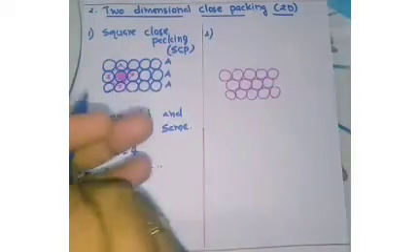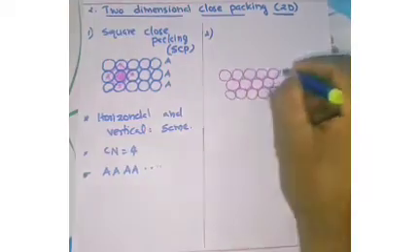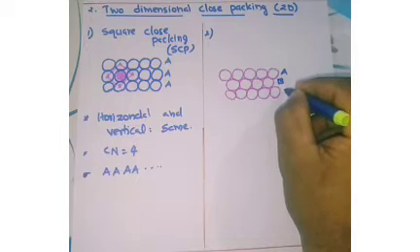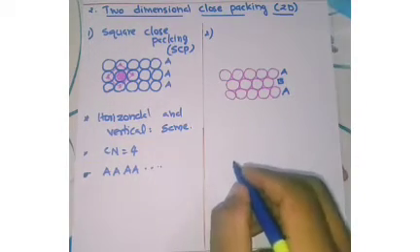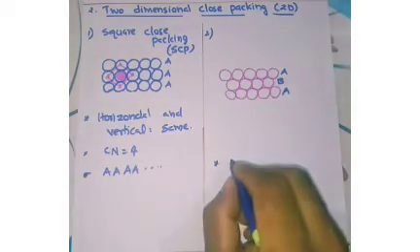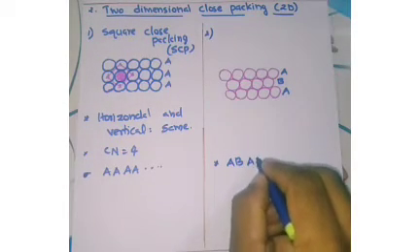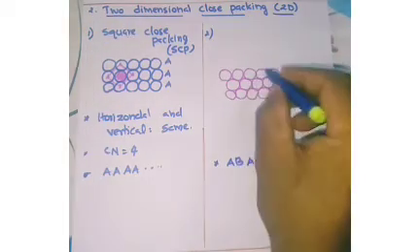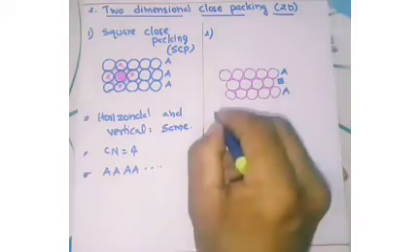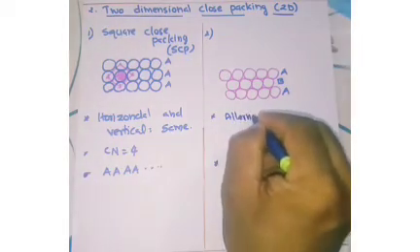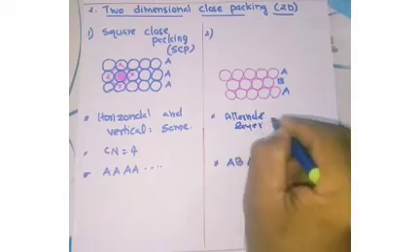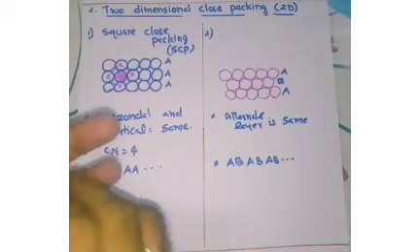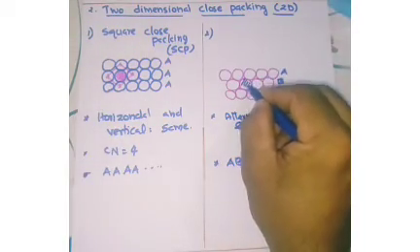Second one, here we consider first layer A, second layer not similar, B, then this is similar to that of A. So this type of close packing follows the pattern AB, like this. Okay, then horizontal and vertical alignment of alternate layer is same. Here we consider this sphere.